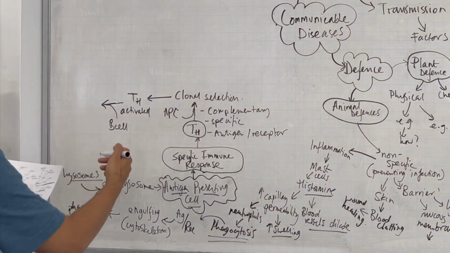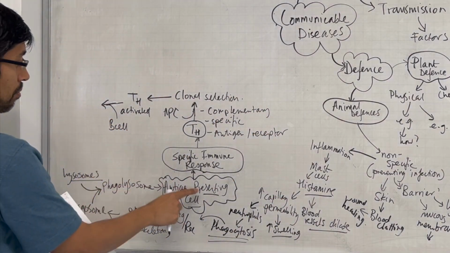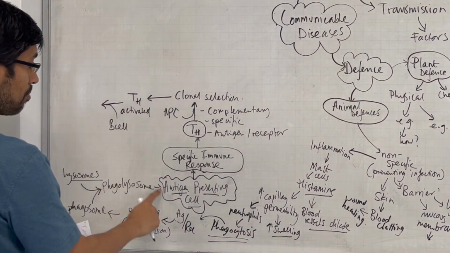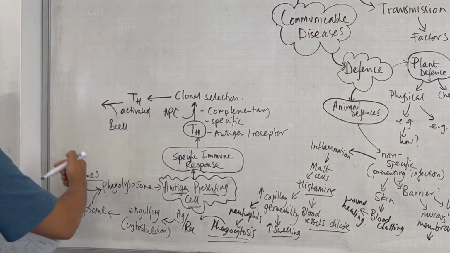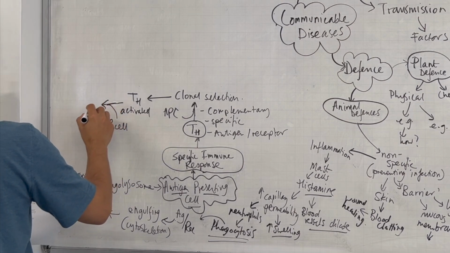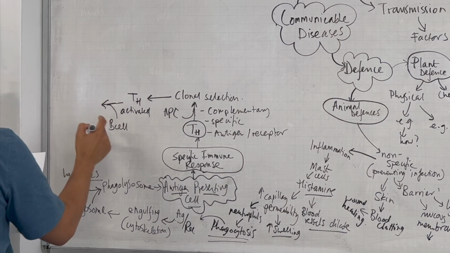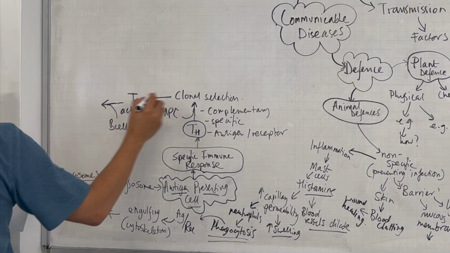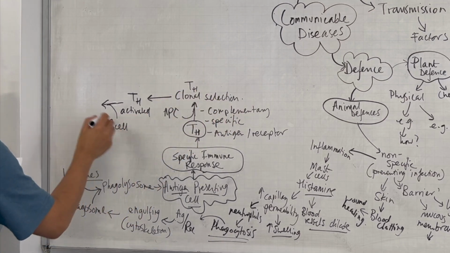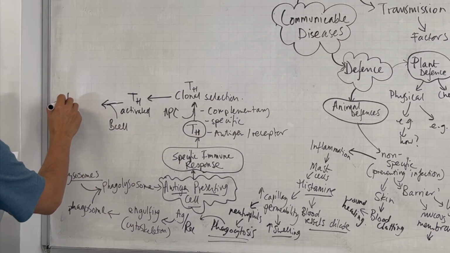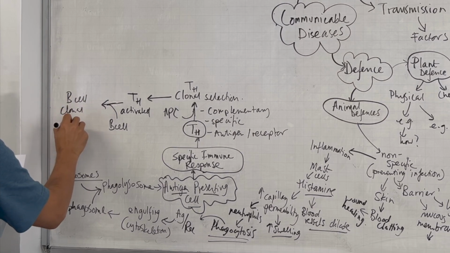Each of these B cells presents a different antigen, but one of these B cells is going to be presenting the same antigen as the antigen presenting cell down here. And as a result of that, it will activate and clonally select a certain B cell. So this one was a T helper cell clonal selection, and now we've just had a B cell clonal selection.